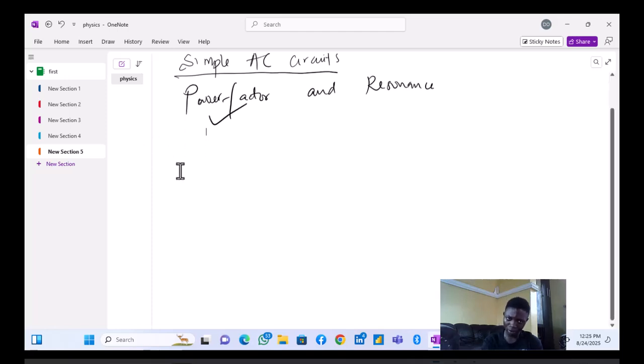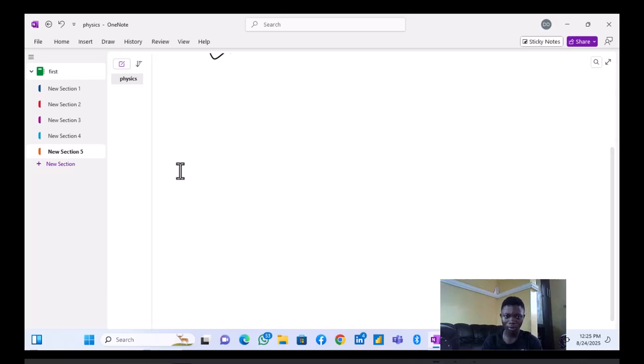I remember that the very last class we looked at impedance, and then we saw how to calculate the impedance for each connection or for each circuit. For the RL circuit, if you remember that diagram very well, we just take the upper part of the diagram where this is R and this is XL.